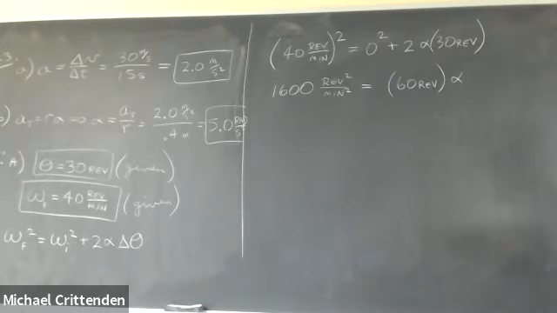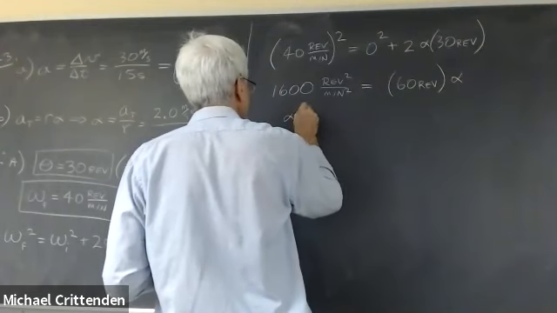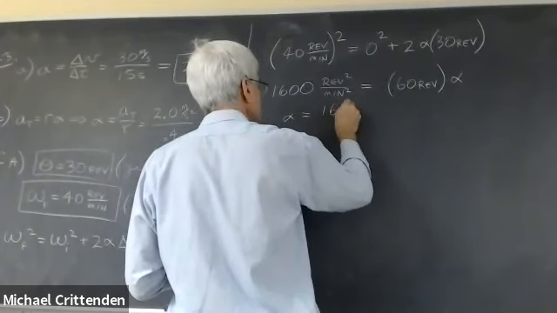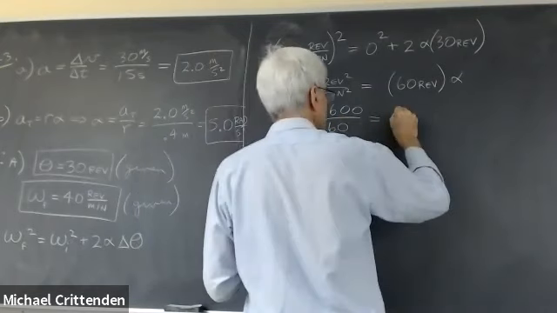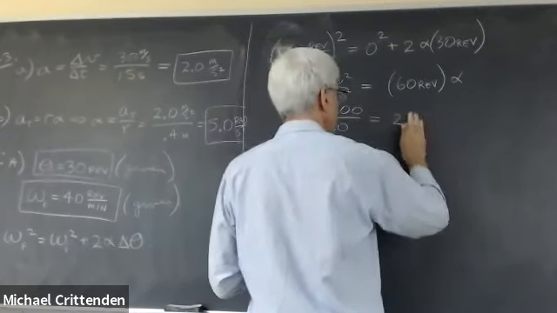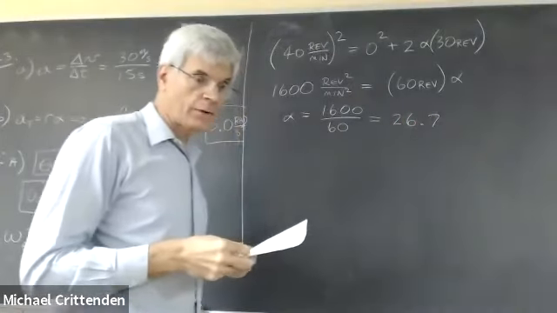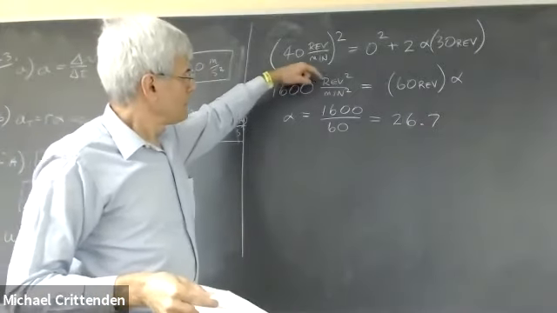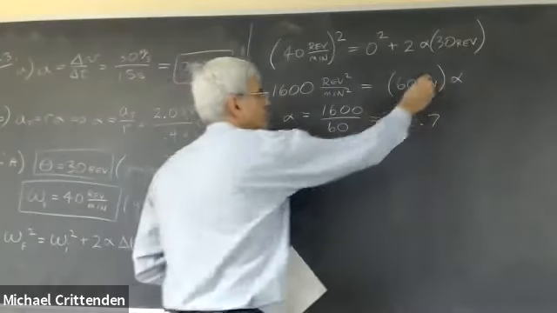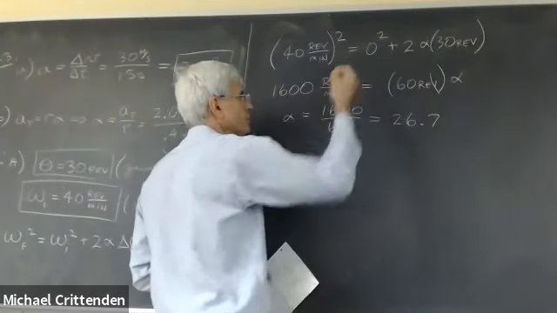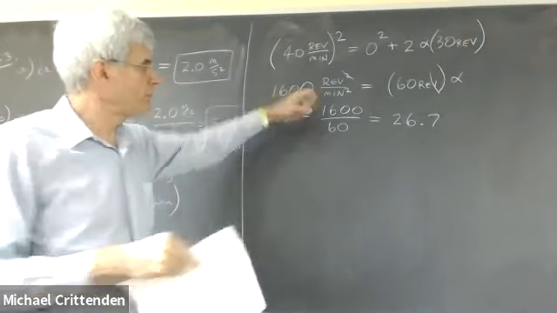Then to solve it for alpha, you divide both sides by 60. That gives 26.7. As for what that's measured in, when you divide, this revolution here cancels one of those revolutions there, and you're left with revolutions per minute squared.